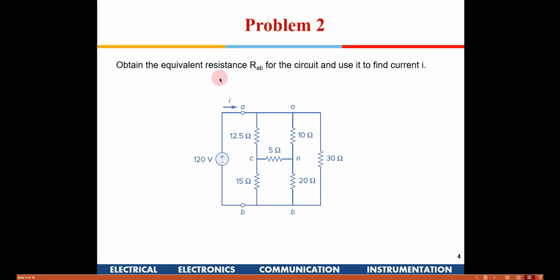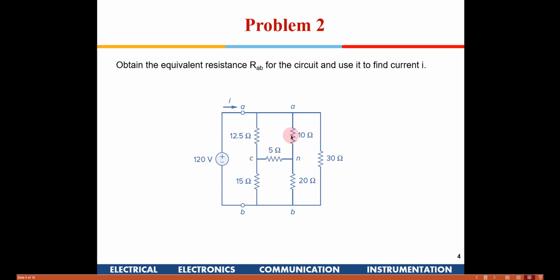So this is the second question. Again, the question is to find the effective resistance between point A and point B. If you see in this network, there are several star and several delta connections. This 12, 5 and 10 can be considered as a delta.